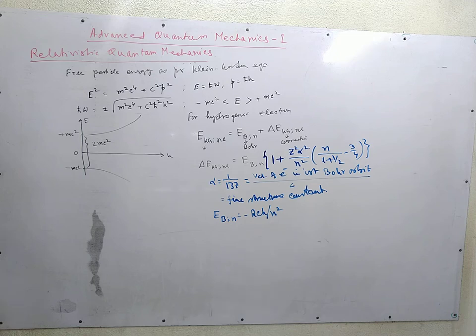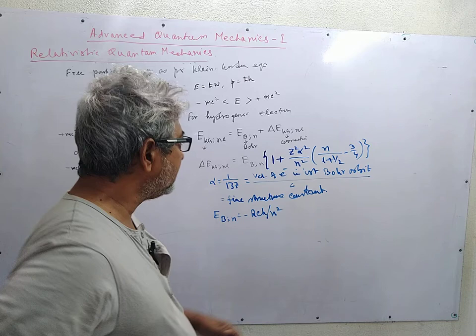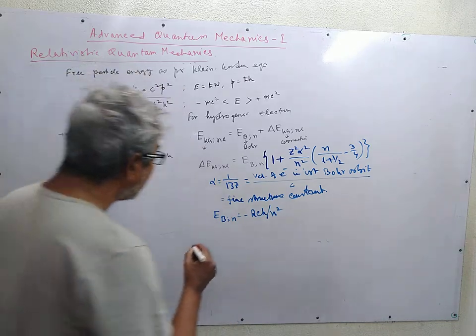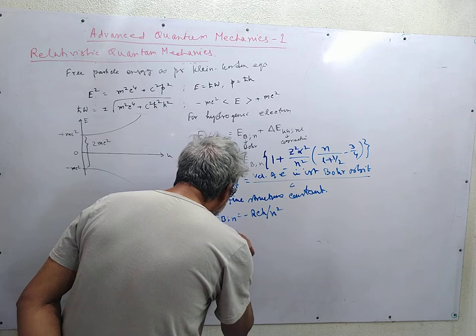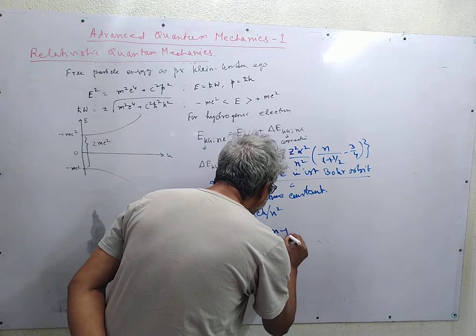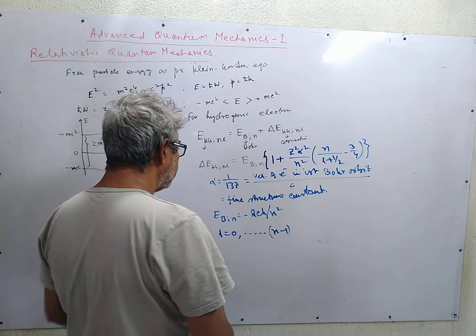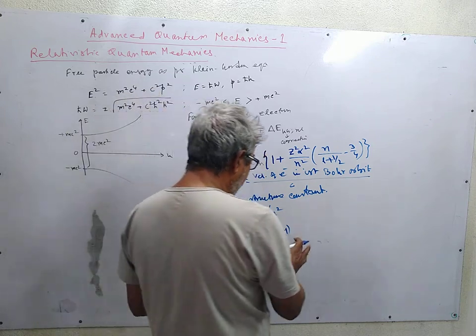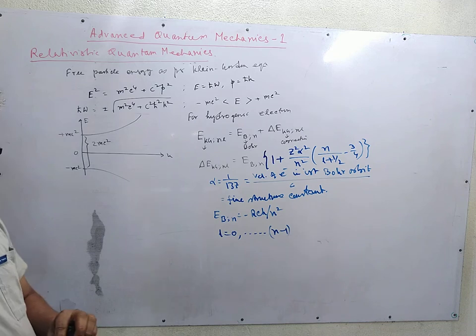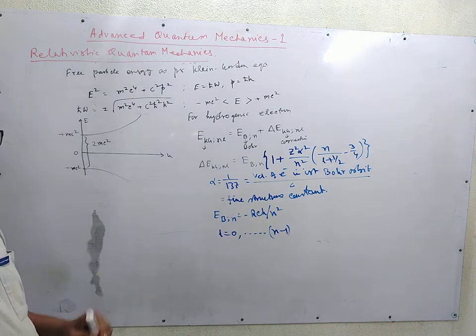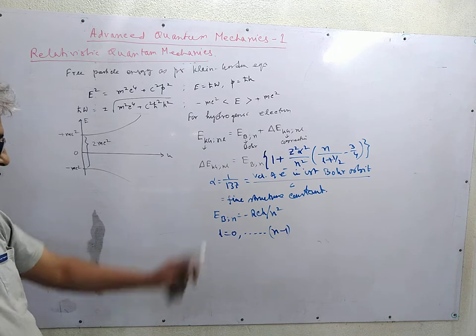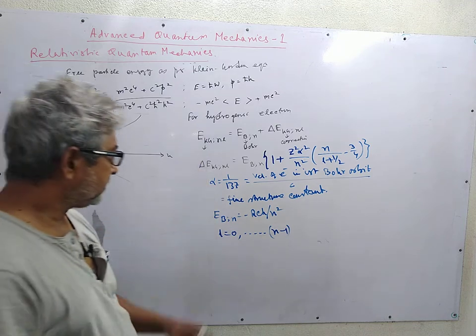Here in Klein-Gordon theory, the energy levels depend on n together with an l dependence. For a given value of n, there are n values of l, ranging from 0 right up to n minus 1. So a particular Bohr energy level is split into n levels as per Klein-Gordon theory. This is the fine structure splitting of energy levels as per this theory.